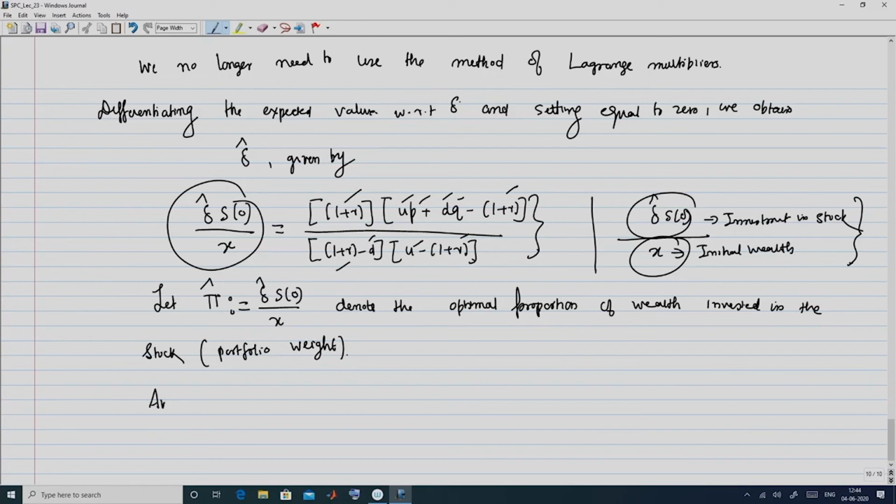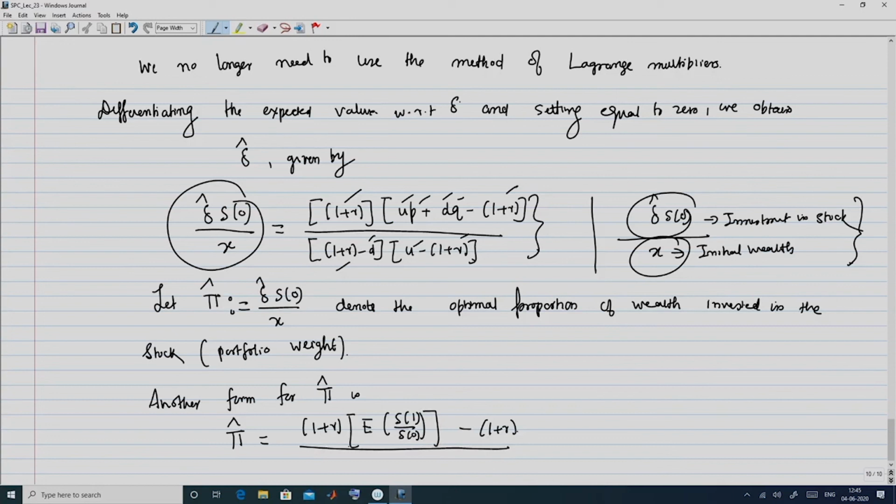And another form for pi hat is pi hat equal to 1 plus r, and I have a minus 1 plus r here, into expected value of S1 over S0, divided by 1 plus r minus d into u minus 1 plus r.